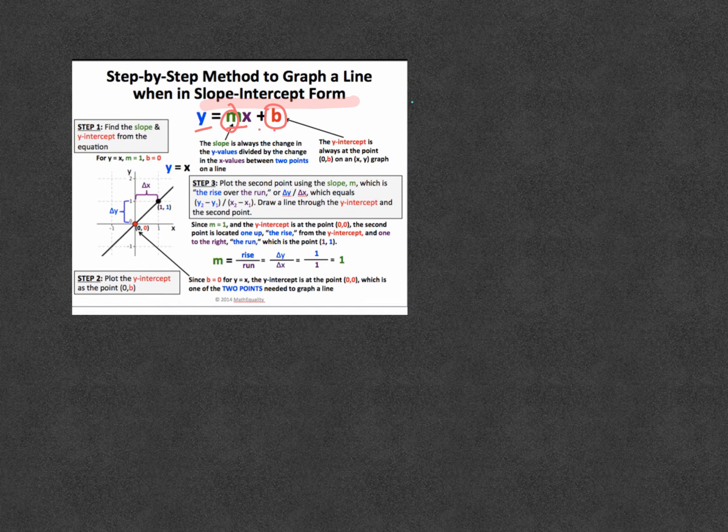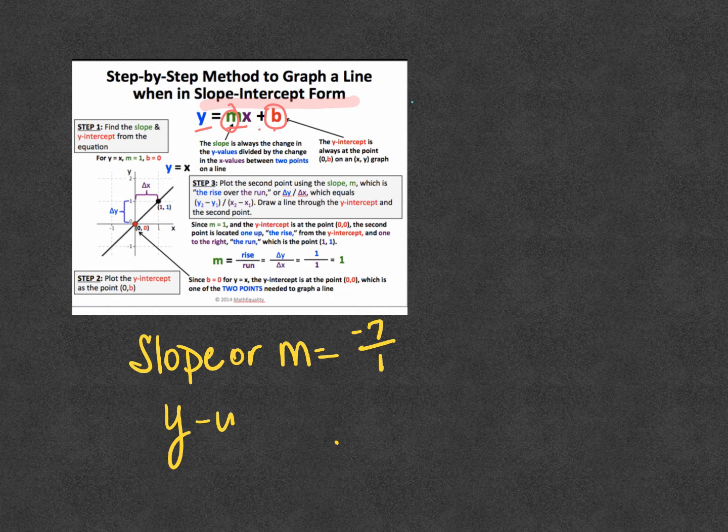So if you are given the slope and the y-intercept, let's say the slope, or m, equals -7 over 1, and your y-intercept, which is speaking of where y intercepts on the line.